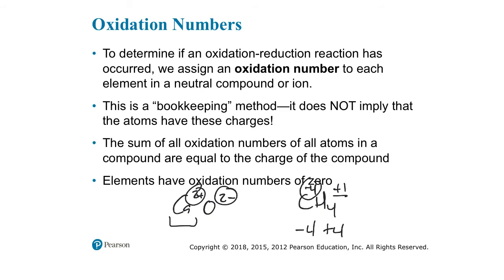It doesn't mean that the atoms actually have these particular charges in a molecule of CH4. It's just a bookkeeping system that allows us to establish where the charge more resides on a particular molecule. If I look at something like H2O, O has a -2 charge, that's its normal rule. Hydrogen has its normal rule, +1 in molecular compounds. So these are the oxidation numbers in water.